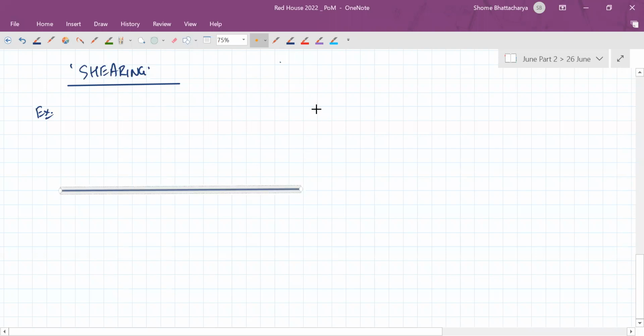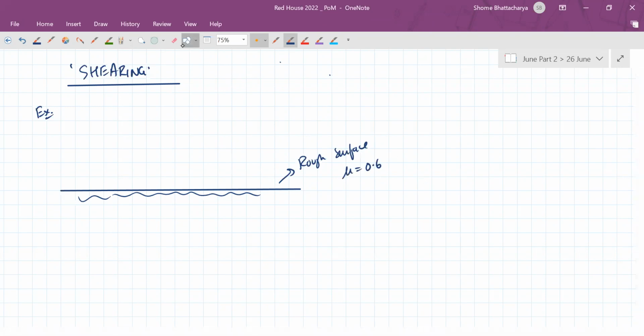For example, suppose we have a rough surface with a coefficient of friction of 0.6. And on this, we have kept a rubber block like this.